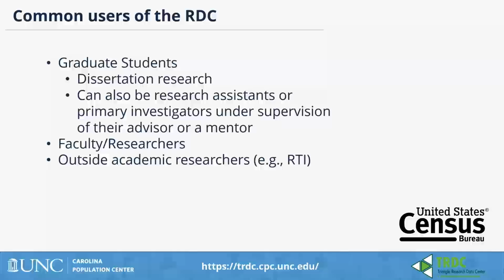So the idea of the RDC is to provide access to researchers, broadly defined, to people within the academic research community, grad students working on dissertations, for instance, faculty researchers, and people who are part of those teams. One important point at the beginning is it's not really intended for descriptive analysis. For instance, one of the advantages is you can locate individuals in the ACS or other data sets down to the tract or block level.